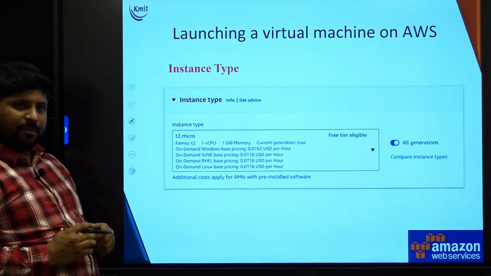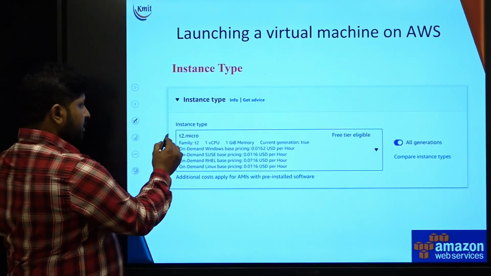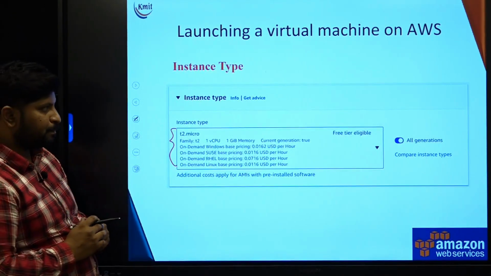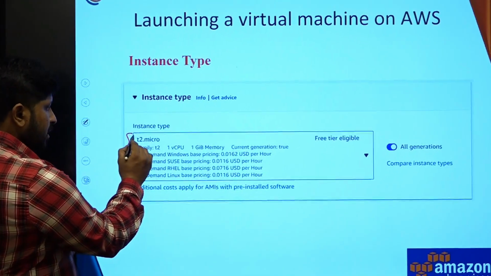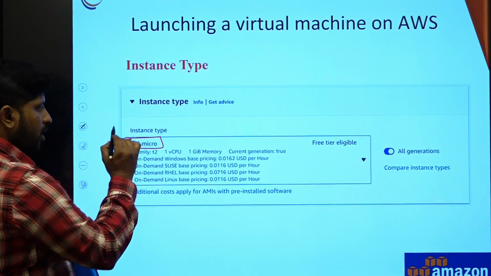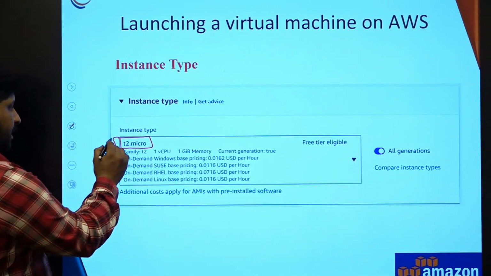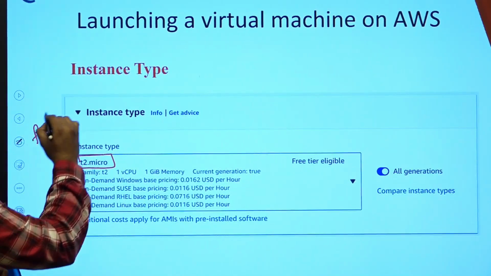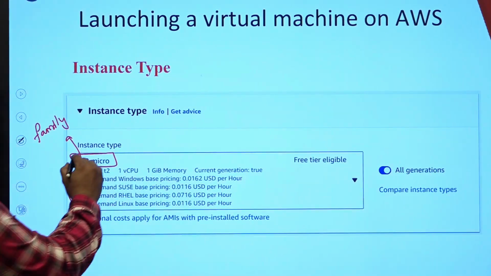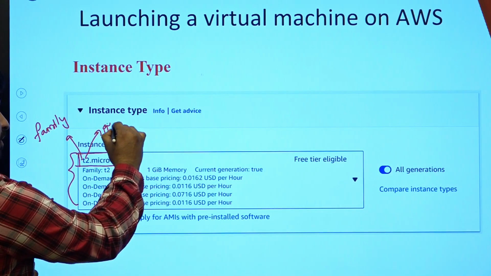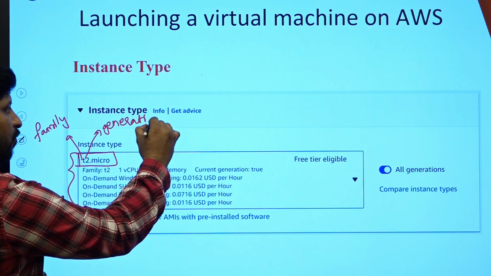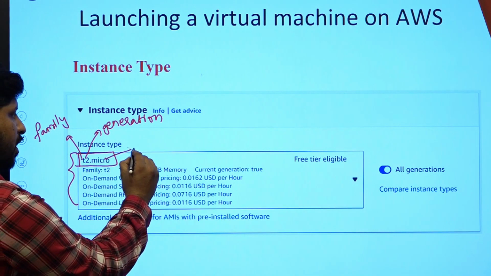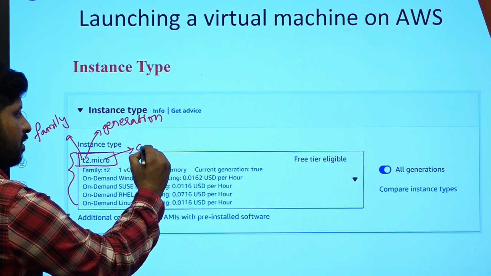Next, instance type. Basically, instance type refers to the size of your EC2 instance, and here we can see t2.micro. T indicates which family the EC2 instance belongs to. 2 indicates the generation, which generation of virtual machine we are going to use, and micro indicates specifically the size.